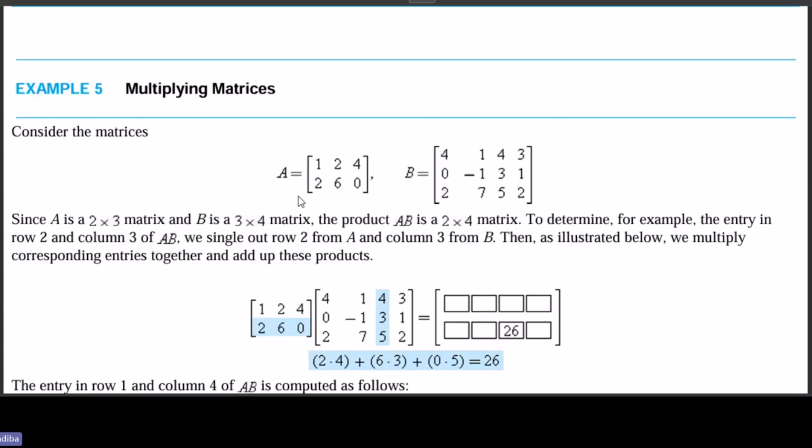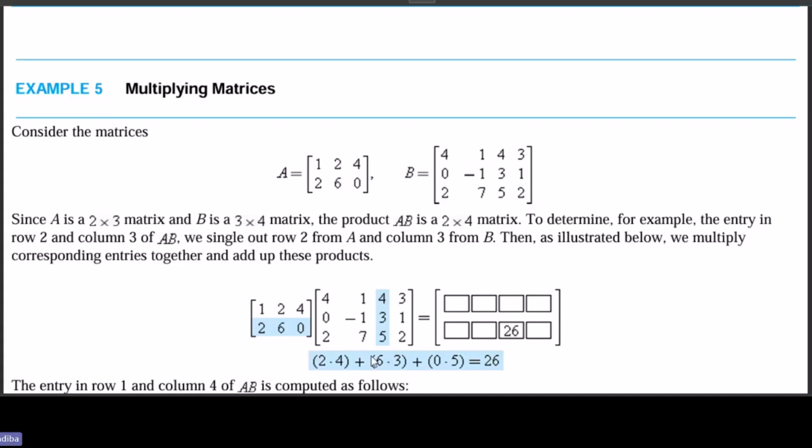Yes. Therefore, we ask ourselves, what is the size of the final matrix AB? It is given by a 2 by 4 matrix. Am I making sense? Yes, sir. Okay, thank you.